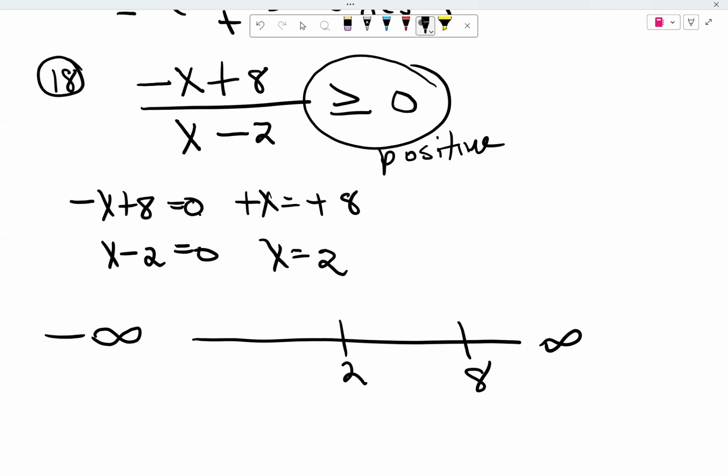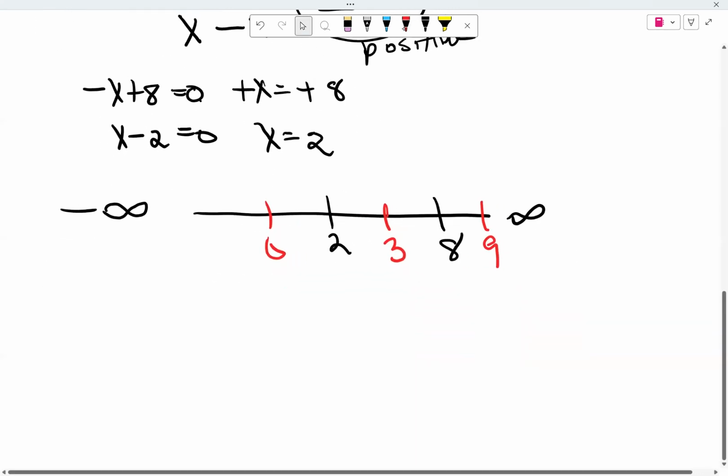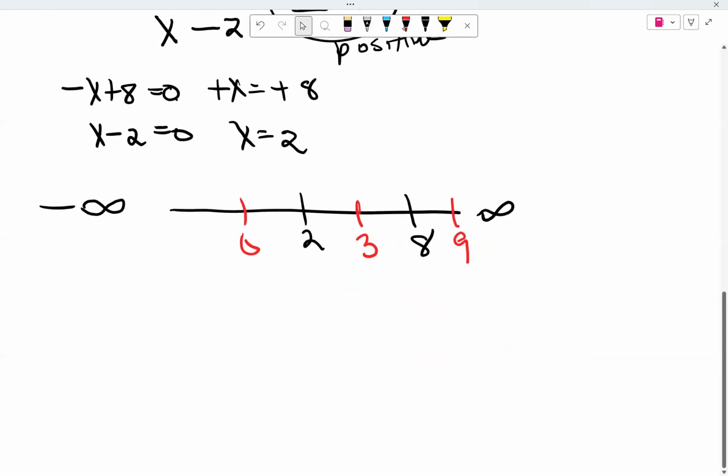And so now that you did that, now let's use some test points. So here's the test point I'm liking. I definitely like 0. I definitely would just choose a 3, and I would definitely just choose a 9. So in this equation, if they're looking for this to be true, what you want to do is plug it into the original question.